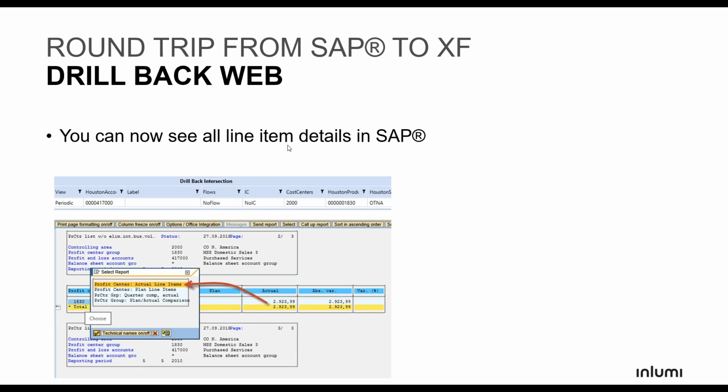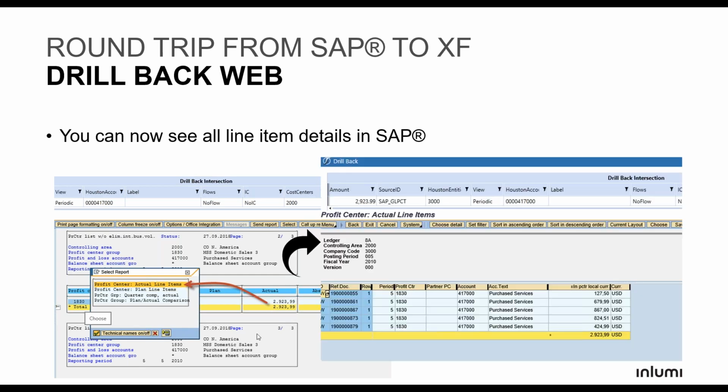So from within OneStream, I can just open a report for SAP for this figure. This is just opening the report where you can see the same data that we were seeing in our data grid, but now with the SAP portal.